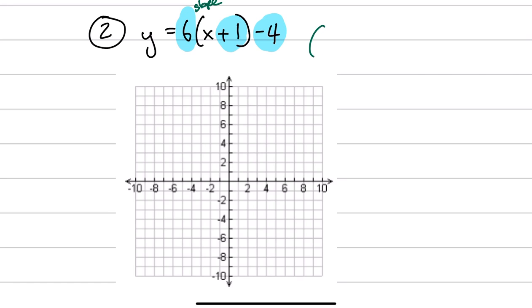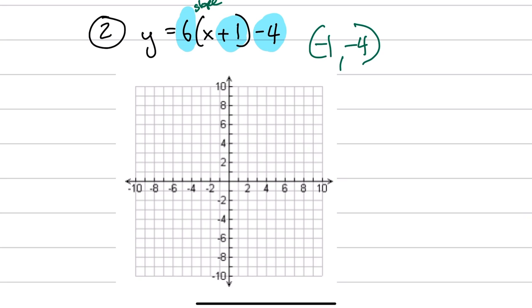And then the last 2 numbers are going to give us a point. So remember, your h needs to be the opposite of what it has. Since this is a plus sign, I'm going to make it a negative 1 over here. All right, and then we have negative 4. That one's going to stay the same. Remember, the only one you have to change is going to be your h.